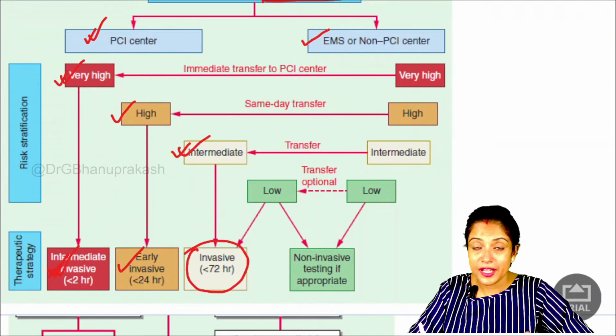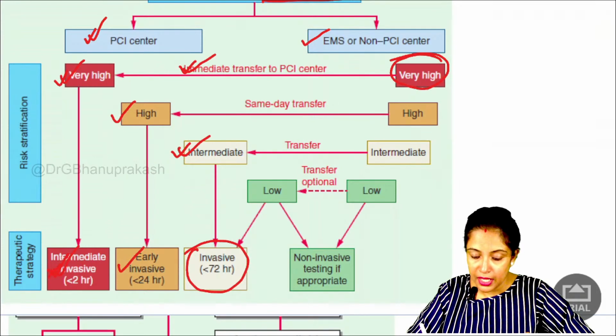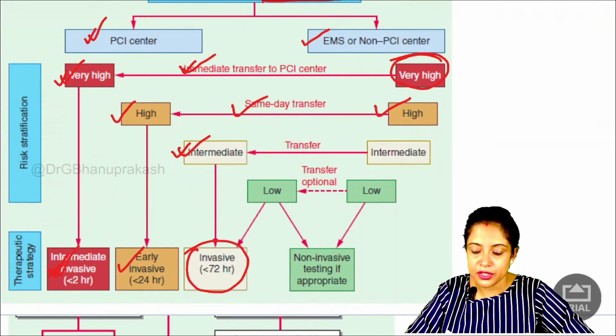Now, if the patient is presenting to a non-PCI capable center and the risk is very high, then the patient is immediately transferred to a center where PCI is available. High risk, same day transfer.